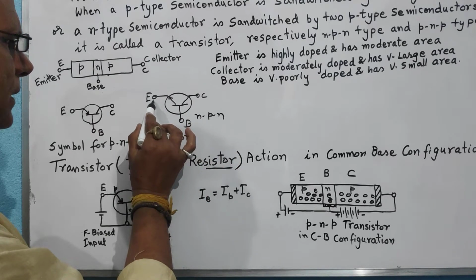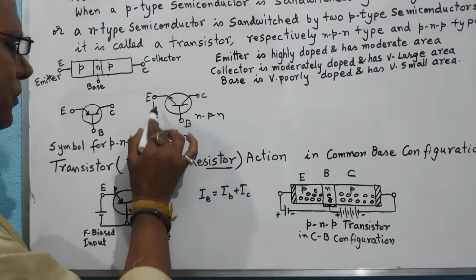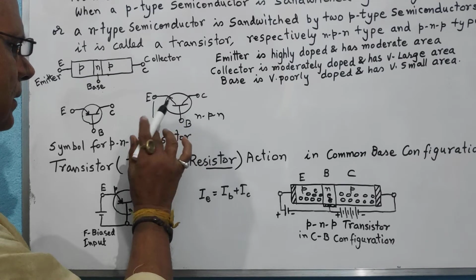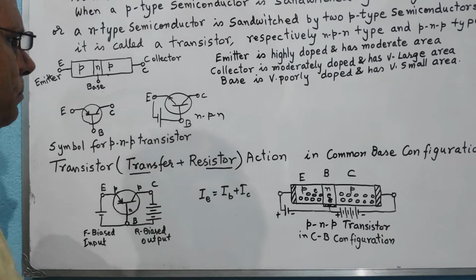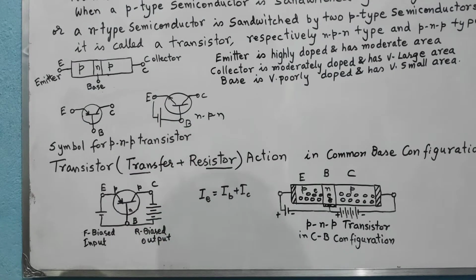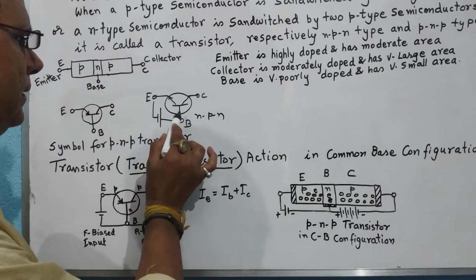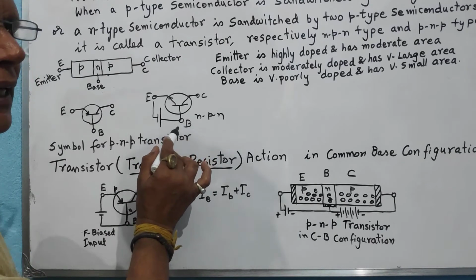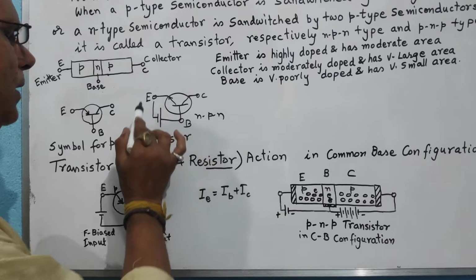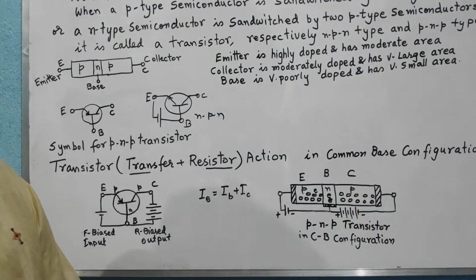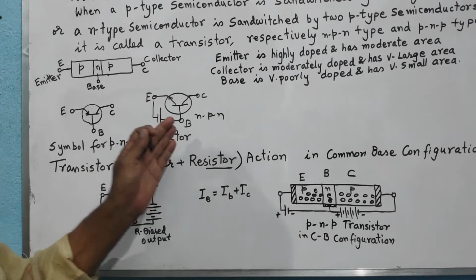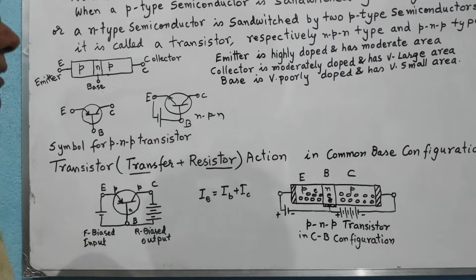So to forward bias it, we must have the emitter connected to the negative terminal and the base connected to the positive terminal. Only then will it be forward biased, and the conventional current will flow from base to emitter, and that is shown by the arrow, the direction of conventional current when the input is forward biased. So this is how you can remember the symbol.